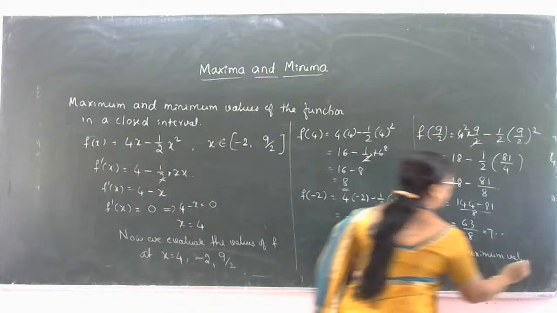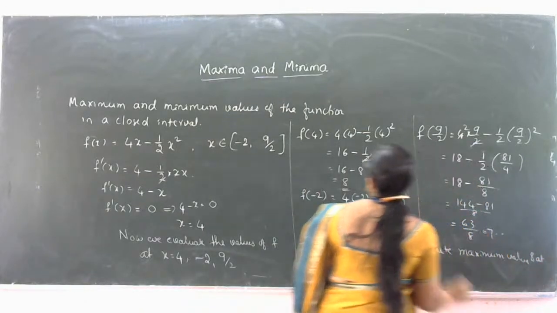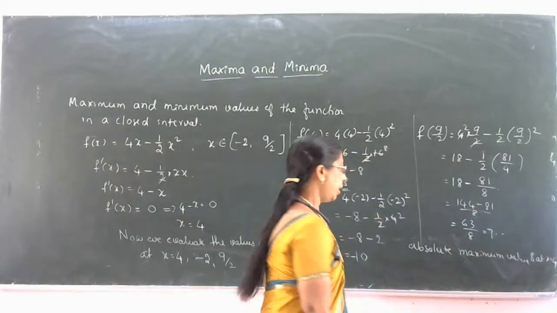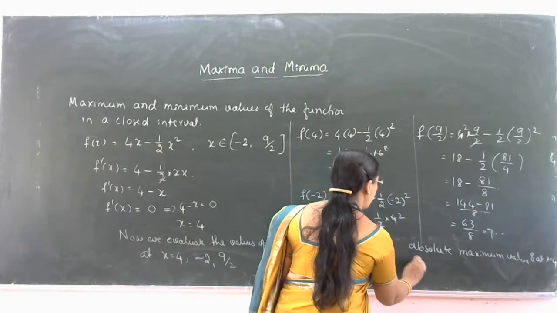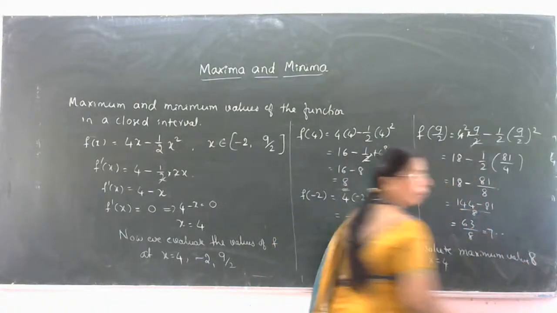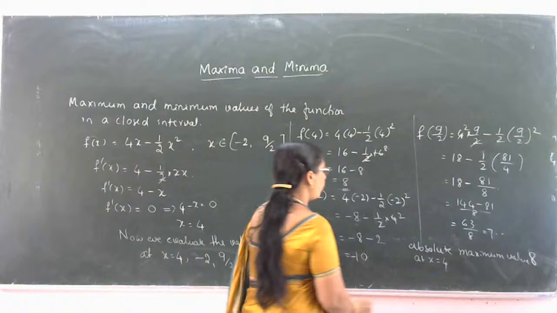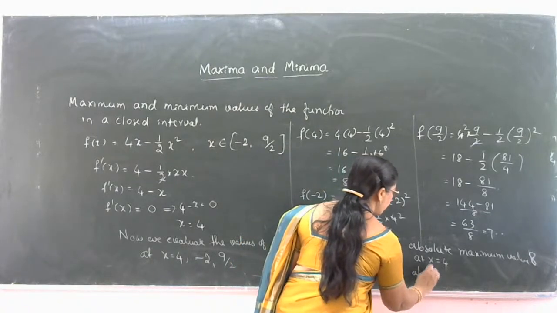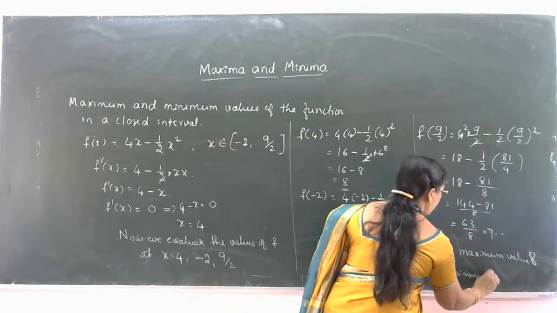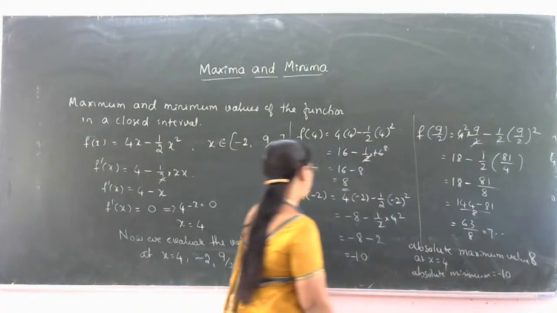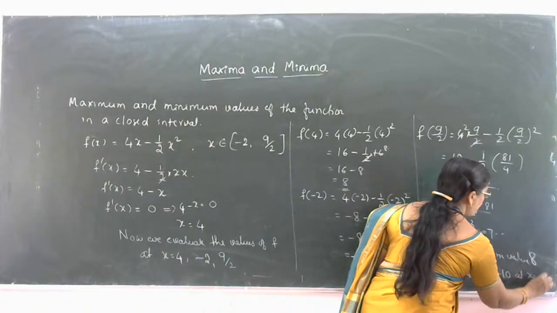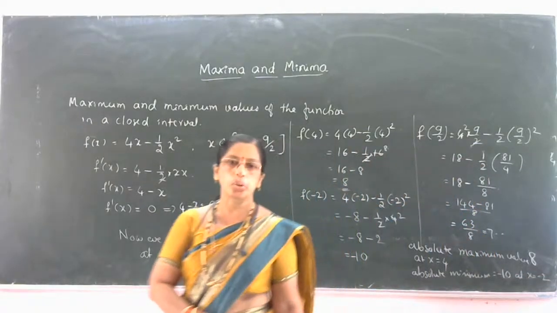It's 8, at x equal to 4. The absolute minimum is equal to minus 10 at x equal to minus 2.